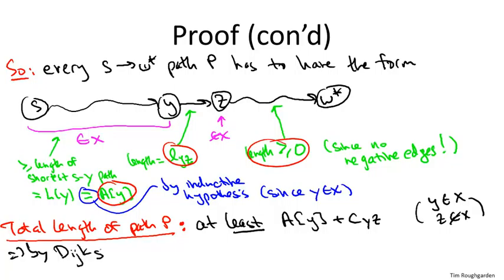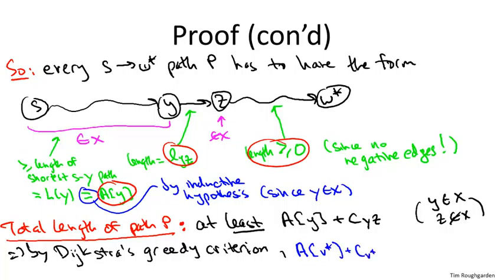Remember, we looked at all of the edges crossing from left to right. YZ is one such edge, and amongst all of them, we chose the one with the smallest Dijkstra greedy score. That was the Dijkstra greedy criterion. So what have we shown? We've shown that the length of our path is no more than the lower bound on the length of this arbitrary other path P. So this completes the proof.